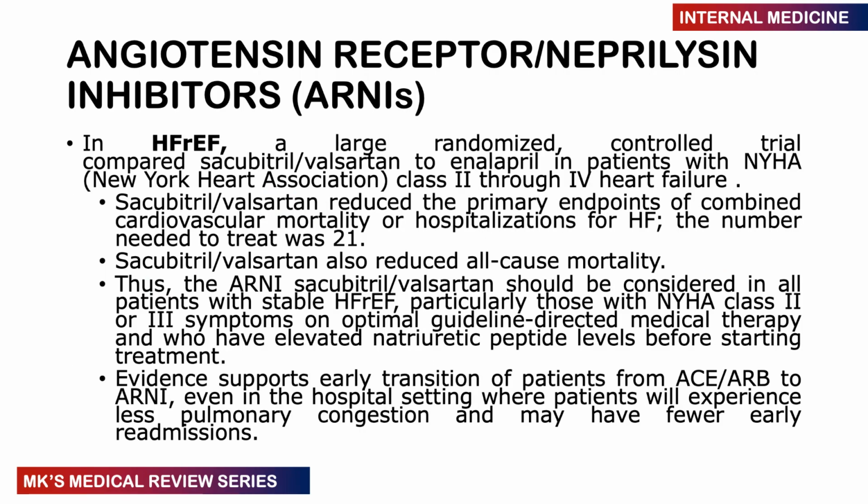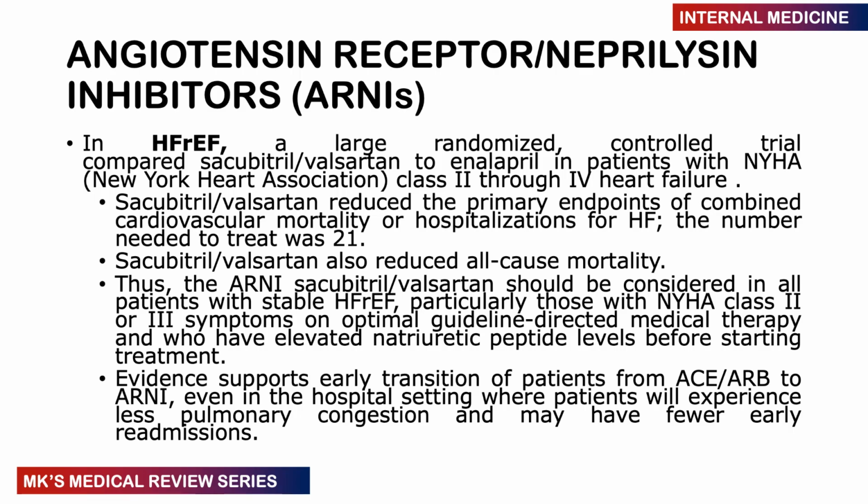So in a randomized controlled trial that compared sacubitril-valsartan to enalapril, especially in patients between class 2 to class 4 heart failure, we noticed that sacubitril and valsartan reduced the primary endpoint of combined cardiovascular mortality or hospitalization. Fewer patients were hospitalized, while sacubitril and valsartan also reduced all-cause mortality in these patients.